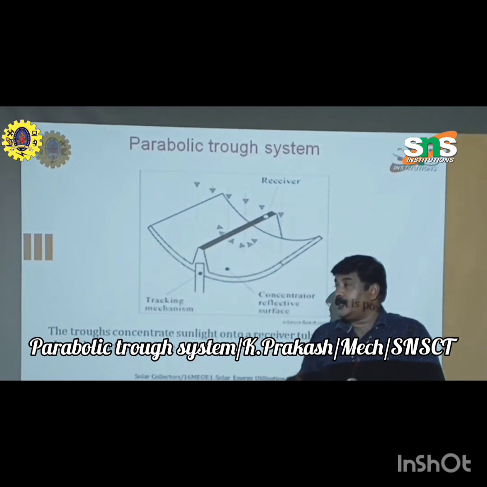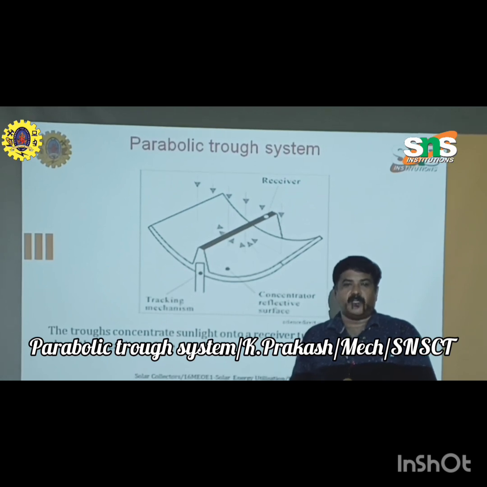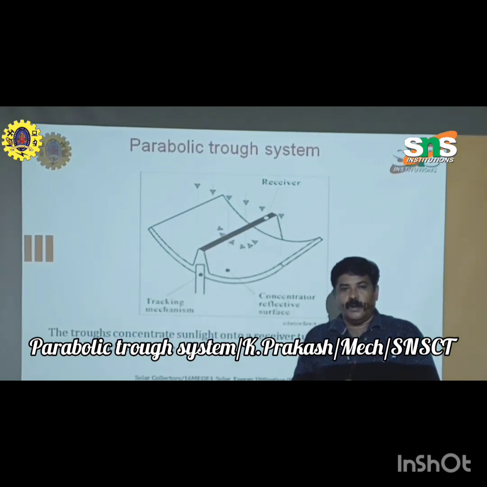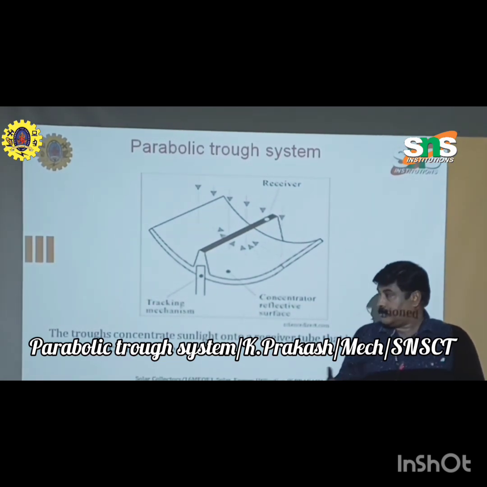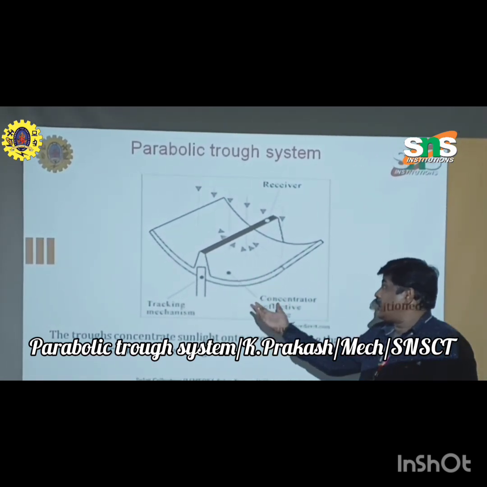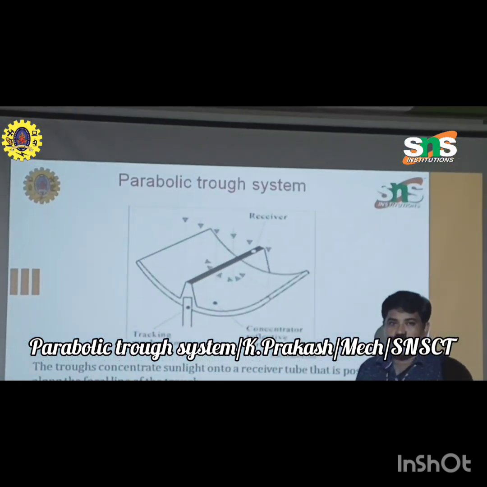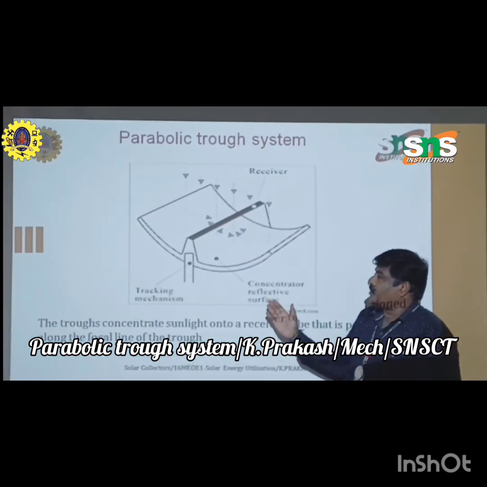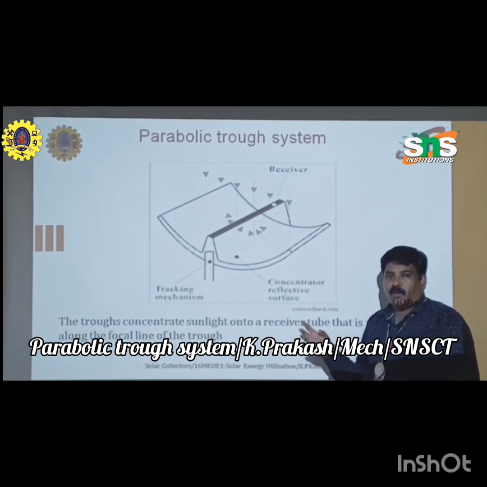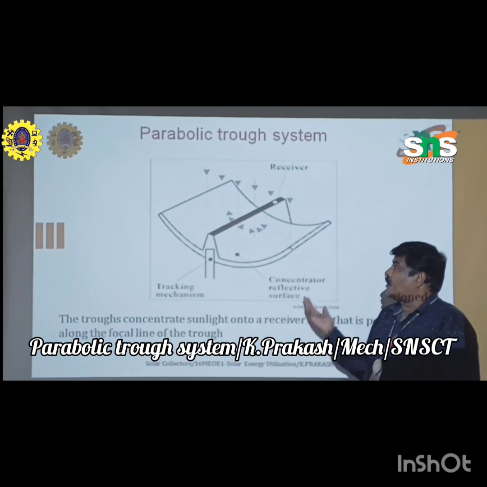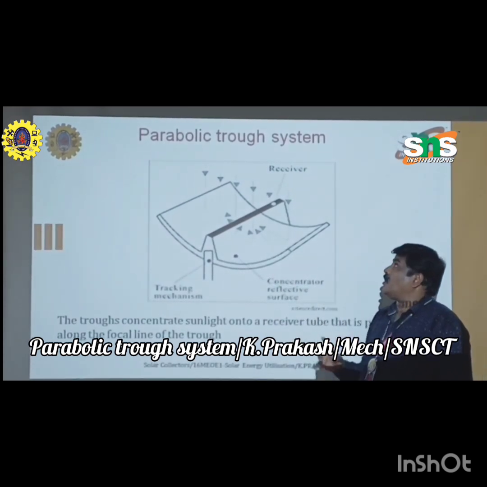So we can plan parabolic trough systems in areas where solar radiation is very, very high, so that more heat is absorbed and converted. This parabolic trough system can be used in thermal power plants. Instead of using fuel, we can use a solar power plant to overcome these issues. So this is the working of a parabolic trough system.